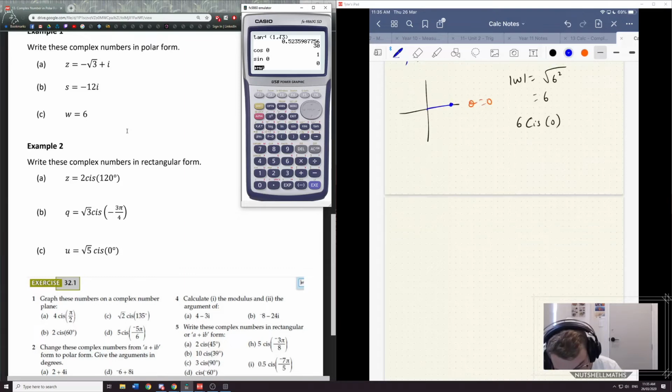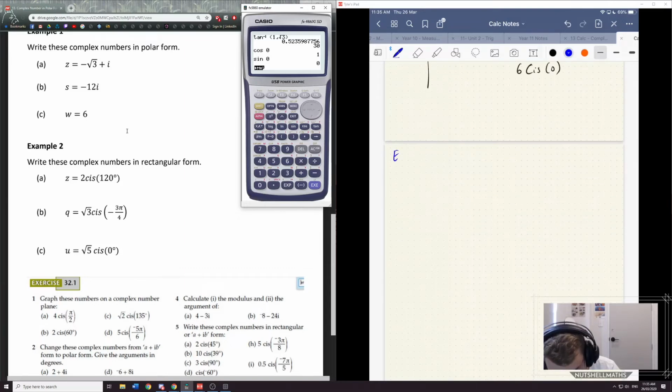Let's look at example 2 and we're going to work backwards. So Z equals 2 cis 120.